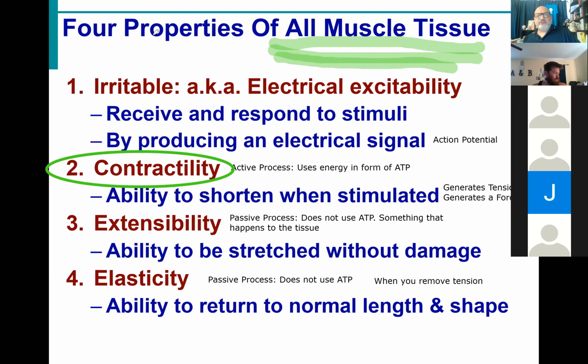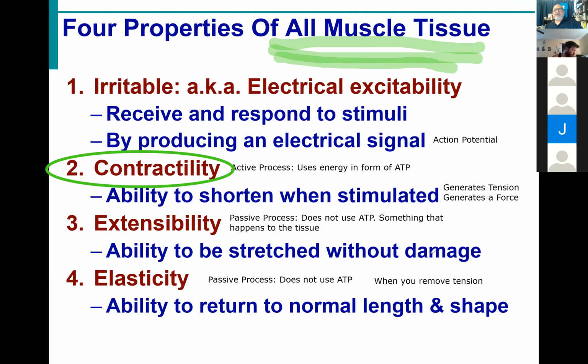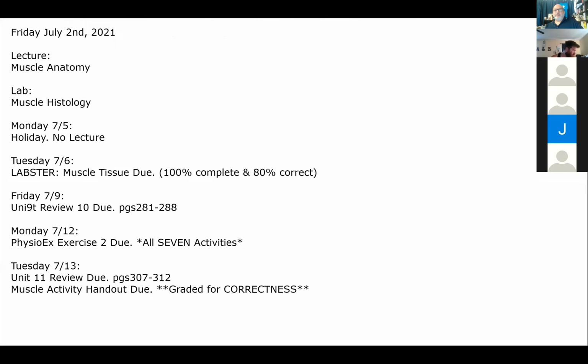But as we've also talked about, we know that muscle tissue comes in 3 flavors. And what were the 3 types of muscle tissue again? Skeletal. Smooth. And cardiac. Excellent.